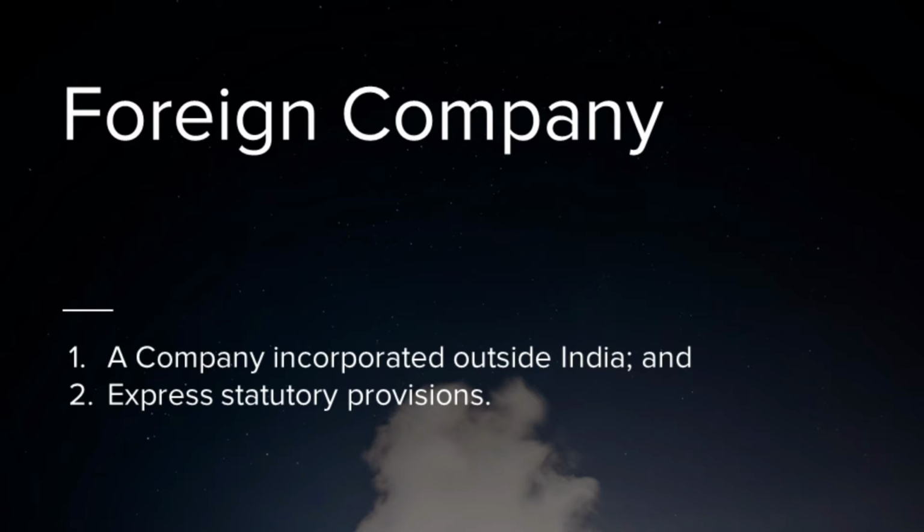Next, the third one is the name and address of any person resident in India who is authorized to accept on behalf of the company the service of legal process and any notice or document required to be served on the company. Then the full address of the company's registered or principal office outside India and the full address of the company's principal place of business in India.